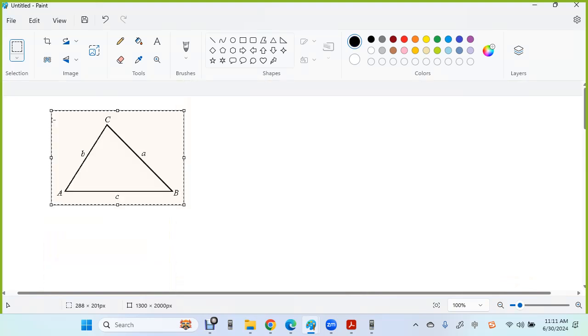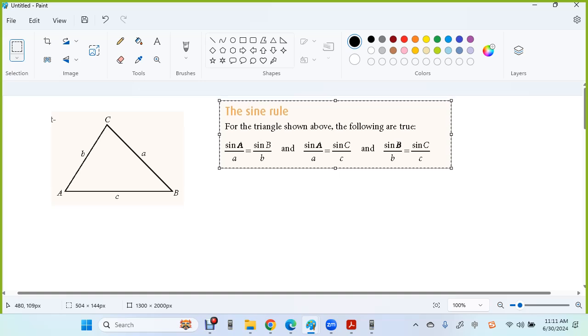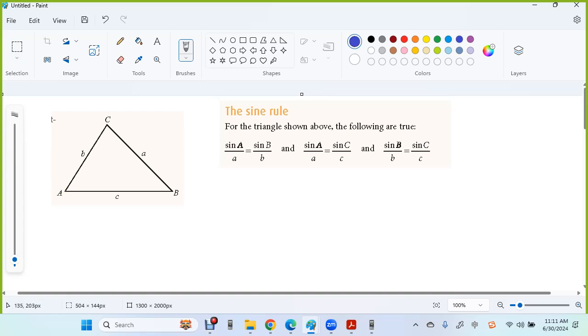Here we have sine A. Capital A, B, C are for the angles, and the small letters a, b, c are the lengths, with each length opposite its angle.